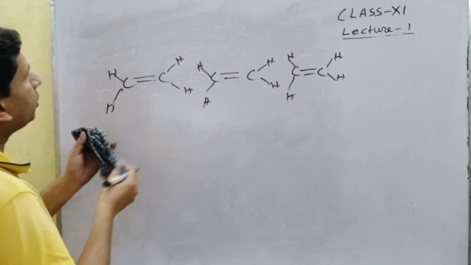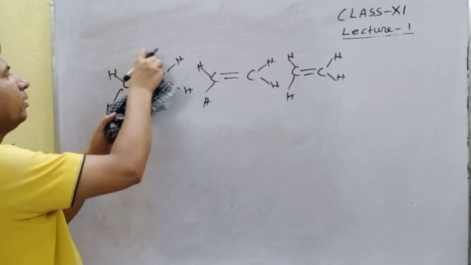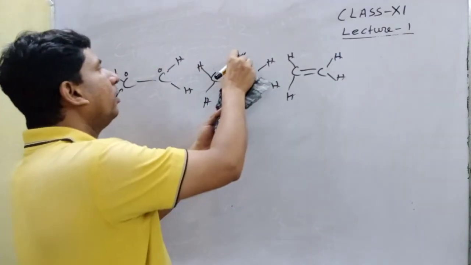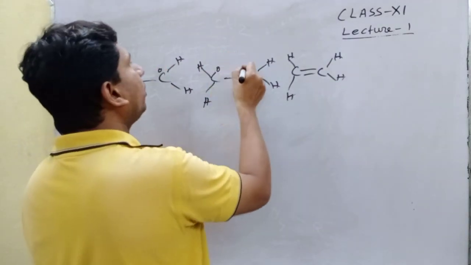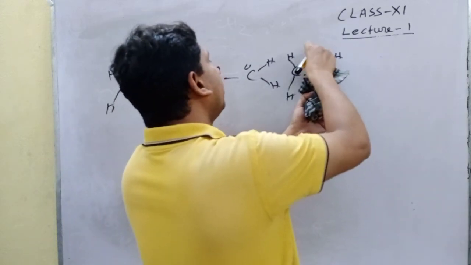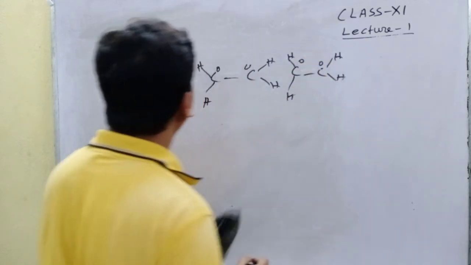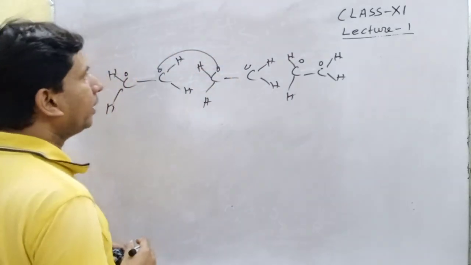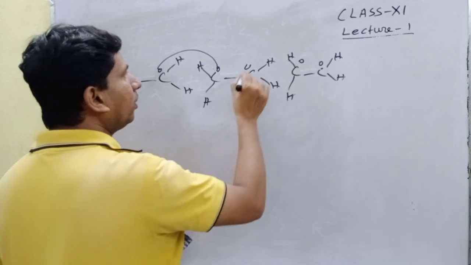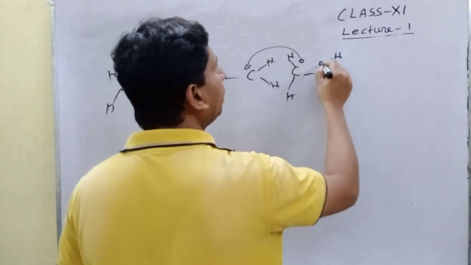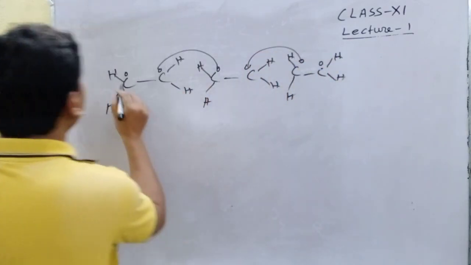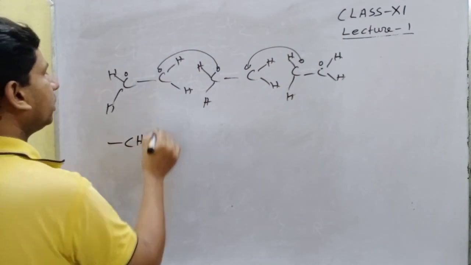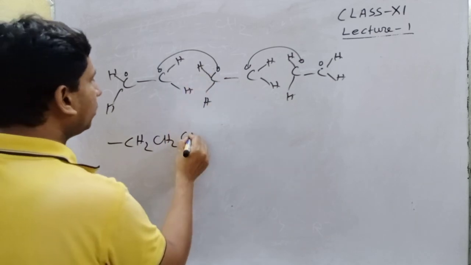Now if this bond breaks by homolytic fission, giving dots, and this dot bonds with that dot, there is an empty hand at the end.